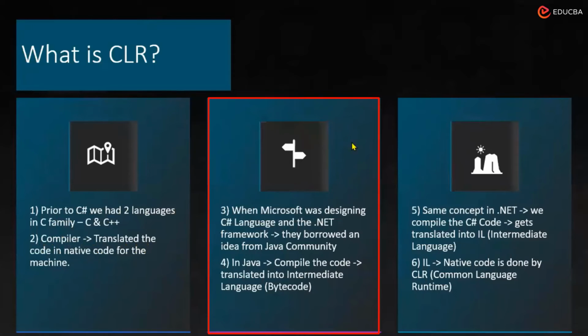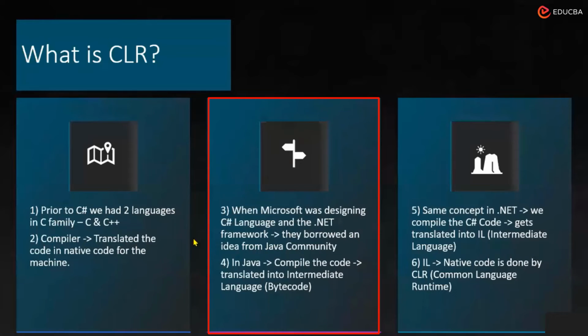When Microsoft was designing the C# language, along with that it also designed the .NET framework. They had borrowed this idea from the Java community, because in Java your codes or applications can run on any operating system. It is not system specific.